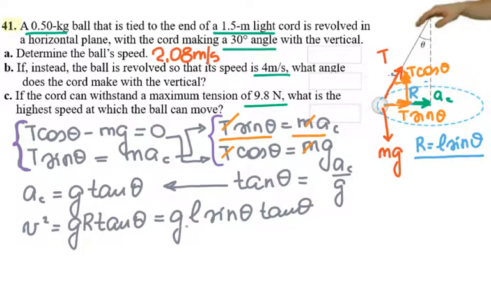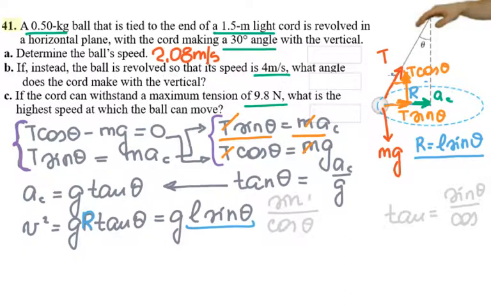So this part is instead of R. Here is tangent in my equation, and I know that tangent is equal to sine over cosine. So I'm going to erase tangent and plug in sine over cosine theta, and I'm going to have a different equation.